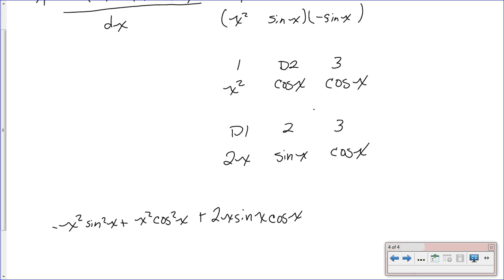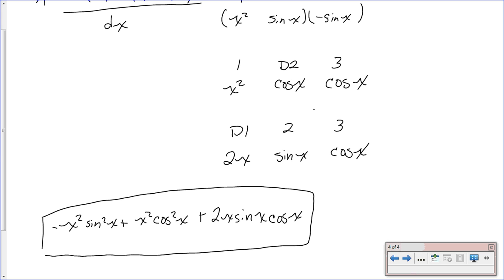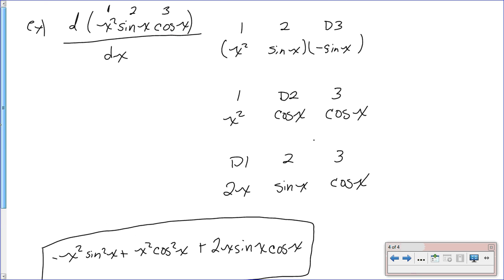So our derivative of x squared sine x cosine x is negative x squared sine squared x plus x squared cosine squared x plus 2x sine x cosine x. I know it's a mouthful, but that is our derivative.